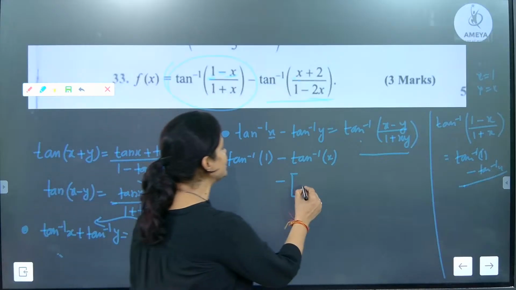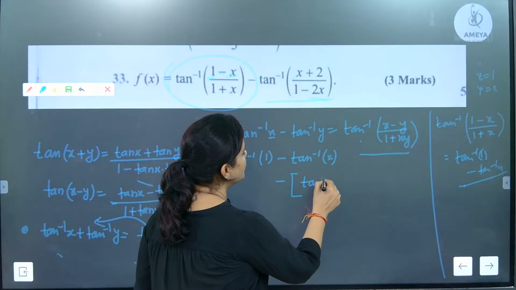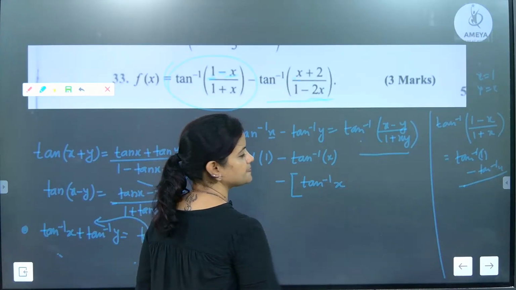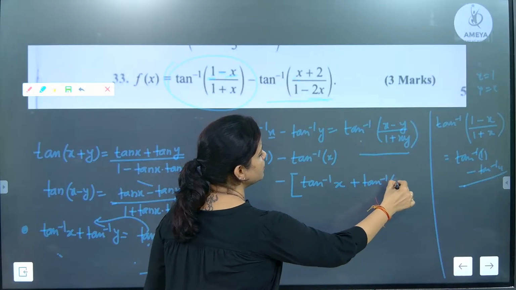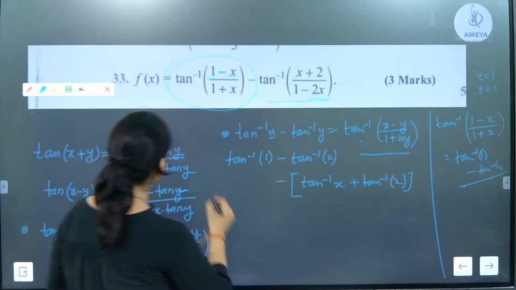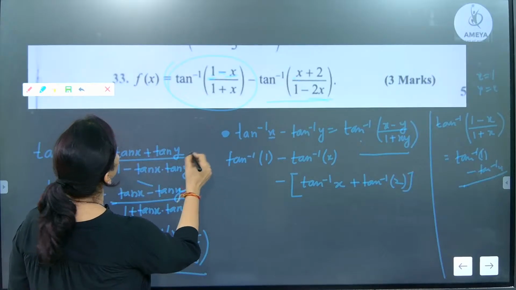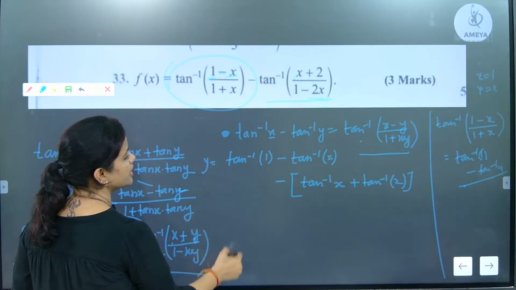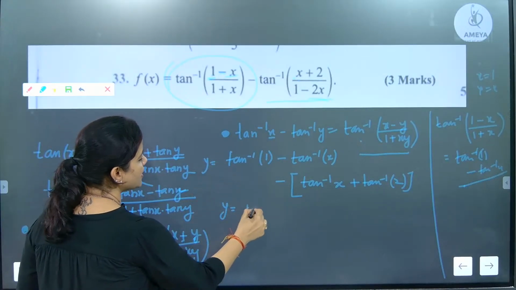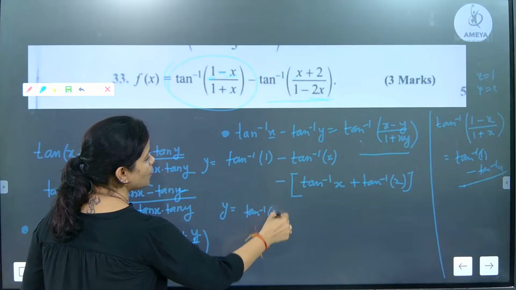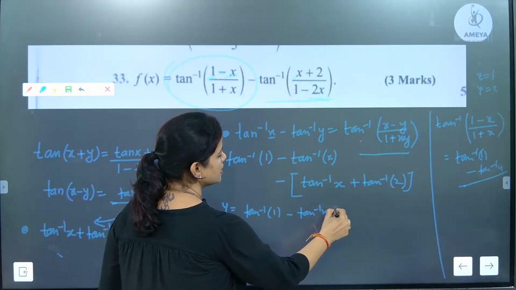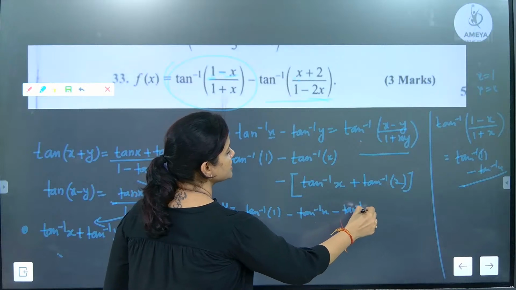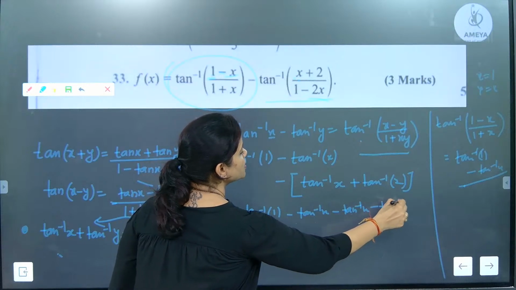So directly in the formula, it will become tan⁻¹x + tan⁻¹2. And all of that is equal to f(x), f(x) is nothing but y. Now open the bracket. tan⁻¹1 - tan⁻¹x - tan⁻¹x - tan⁻¹2.